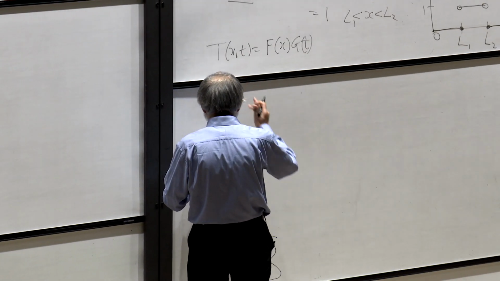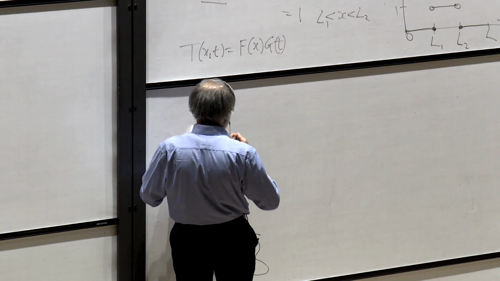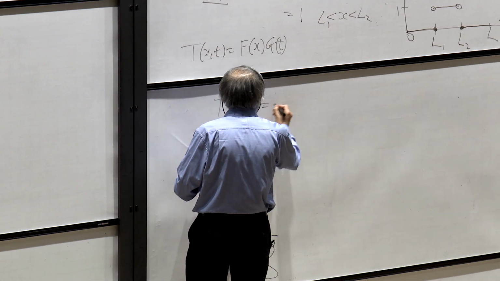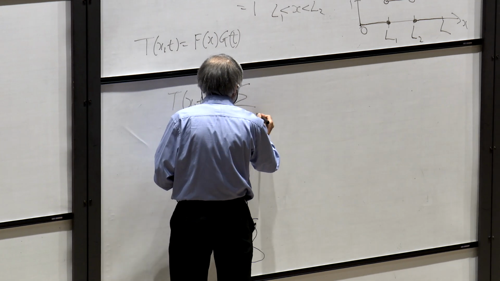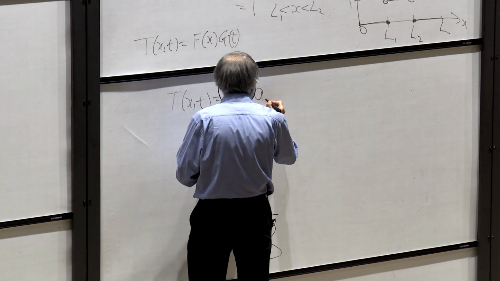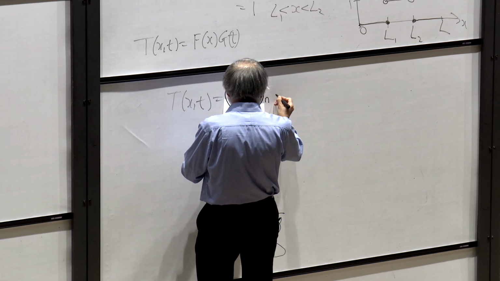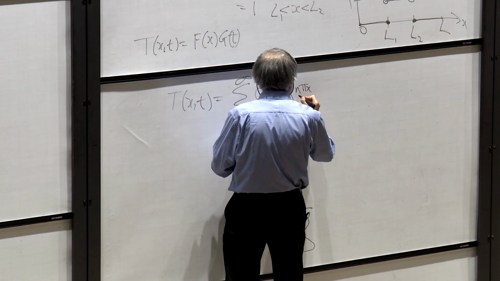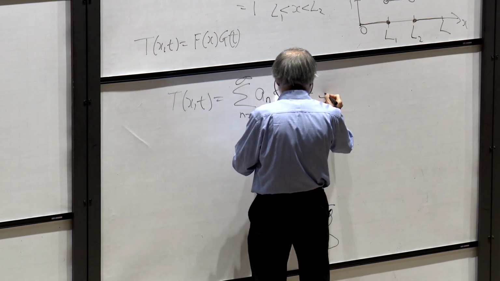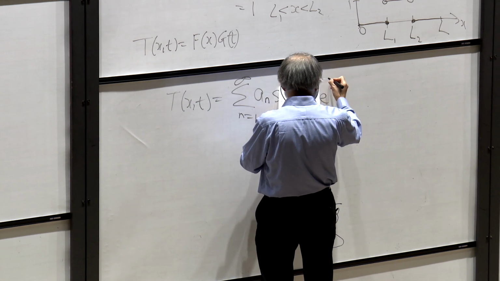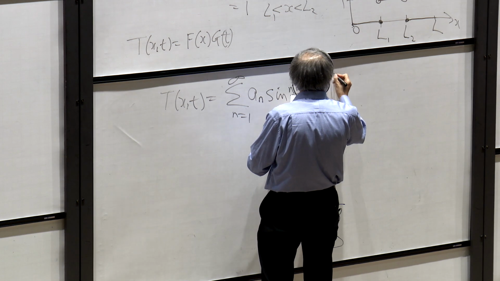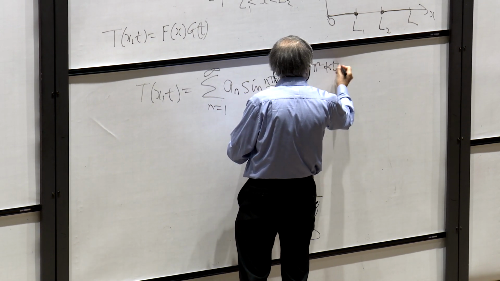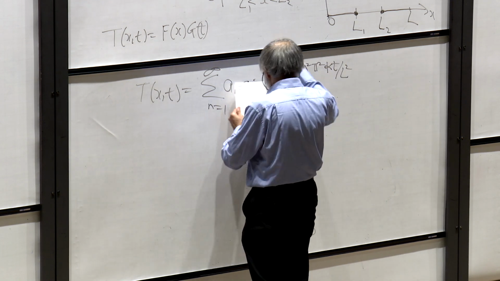And then you end up getting that T of x,t must be the sum, n goes from 1 to infinity, of b_n sine n pi x over L times e to the minus n squared pi squared kappa t over L squared.